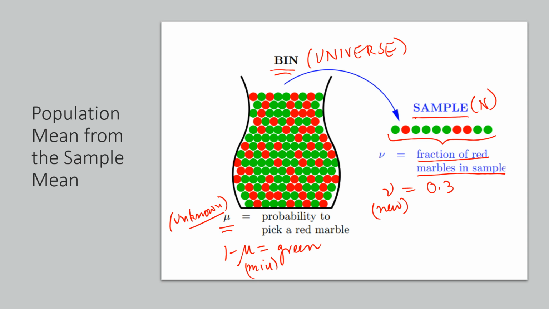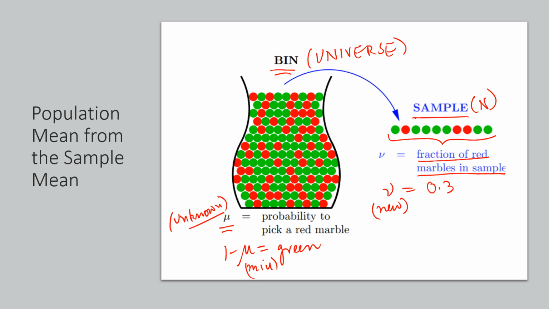Well, one answer to that question could be that regardless of the red marbles that I picked in my sample of size 10, we still don't know the color of any marble that we did not pick from my bin.